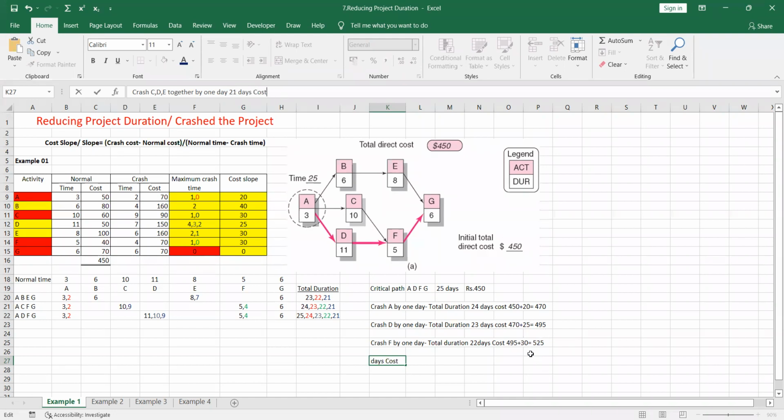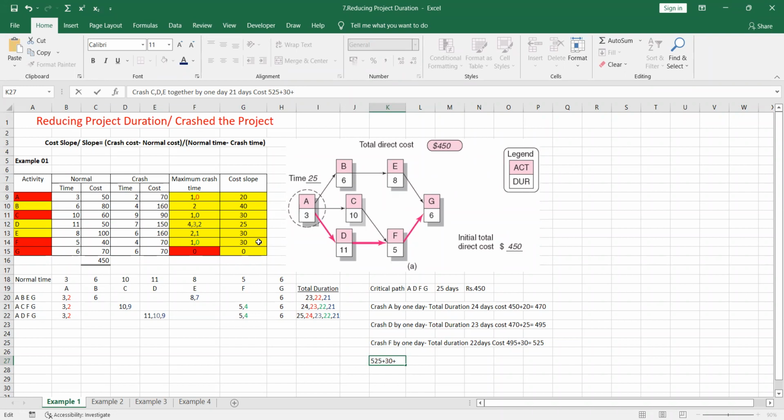We previously had the cost of 525. For that 525, you have to add the cost of F, which is 30. You have to add 30 here, the F cost. CDF, no?